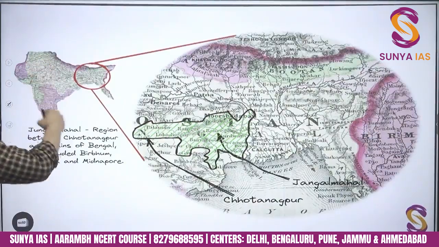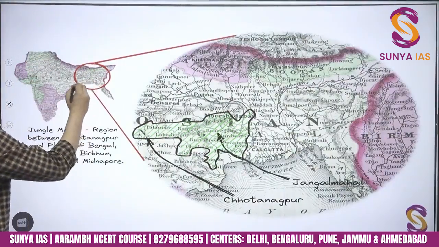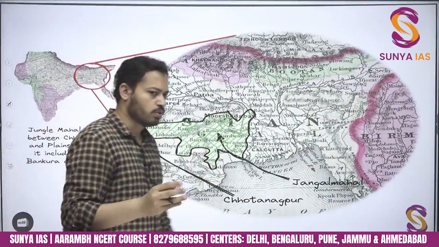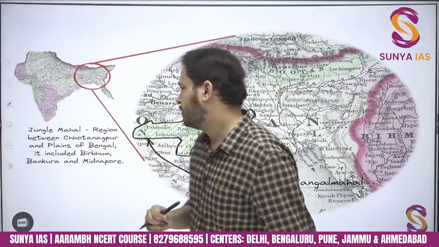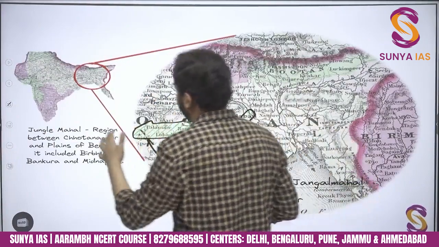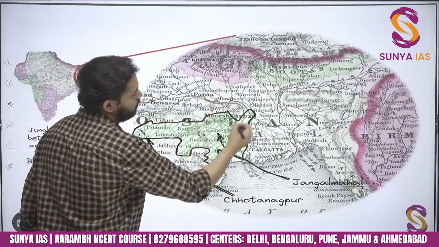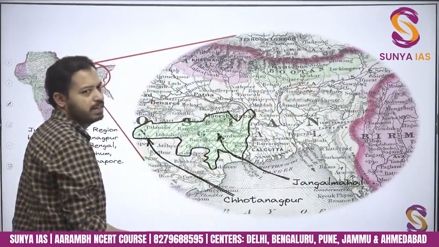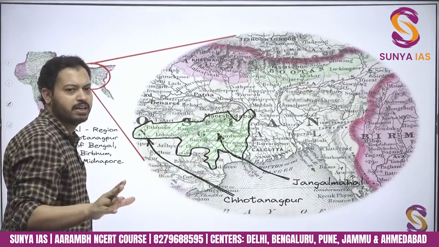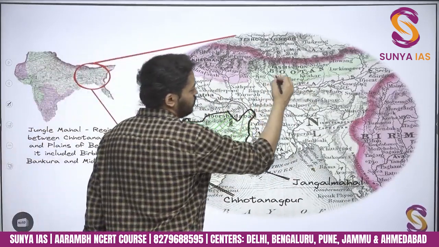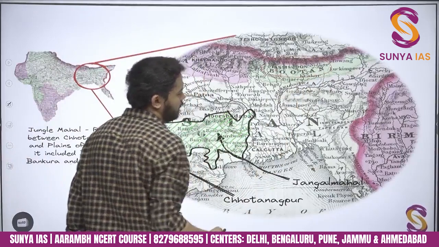If you see this map of India, the region which we now call Jharkhand, Bihar and Bengal, if you zoom into this whole region, you will find this map. This is a map from 1820, 1830, and that's why this is the spelling of Bhutan here, B-O-O-T-A-N.